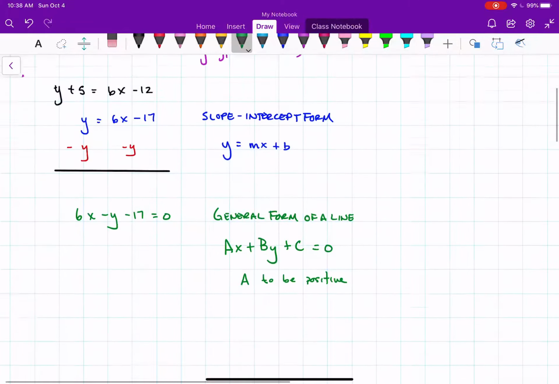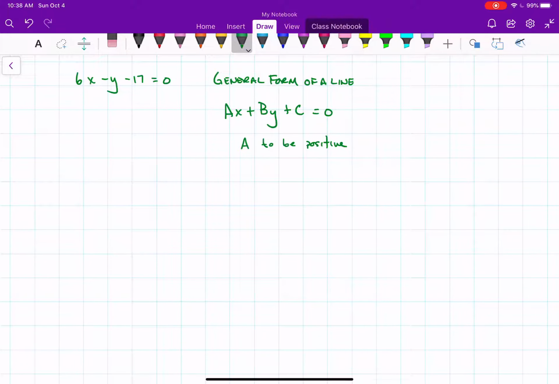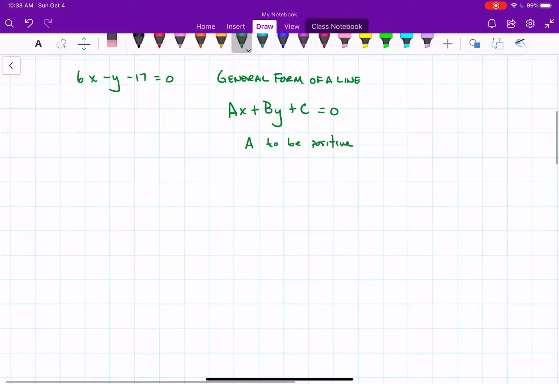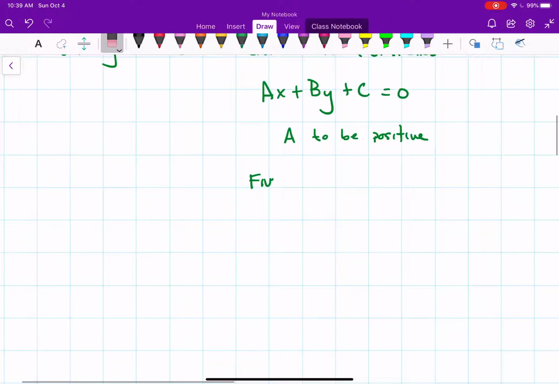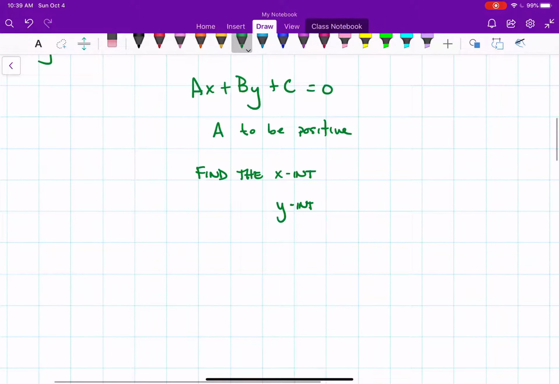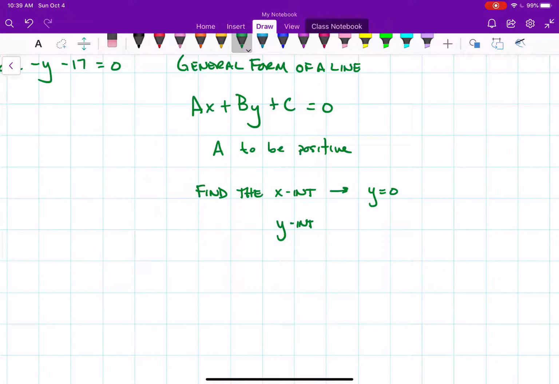Now, the other part that you need to know about the general form is that they typically like you to find the x-intercept and the y-intercept and graph it that way. So what do we know about the x-intercept? In general, at the x-intercept, y is always equal to 0, so you just set y equal to 0 and solve for x.